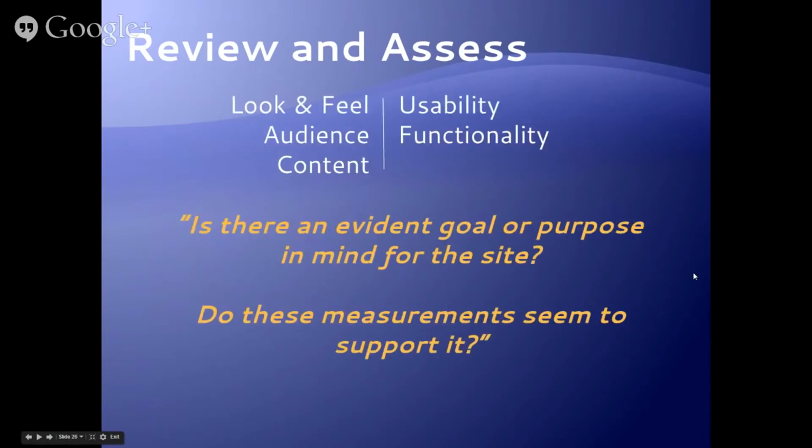So we have these 5 assessment criteria now. And we ask ourselves at the end of that, is there an evident goal or purpose in mind for the site? Do these measurements seem to support it? So we can grade again, use perhaps a grid if it's helpful. And sometimes it is when looking at multiple sites.